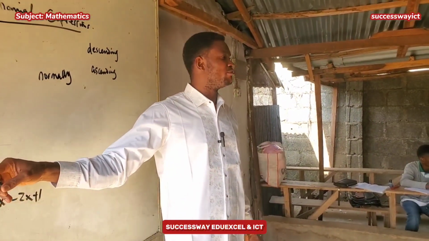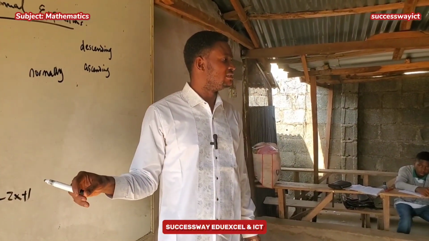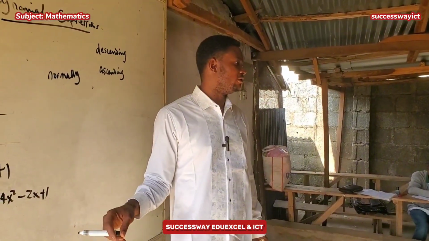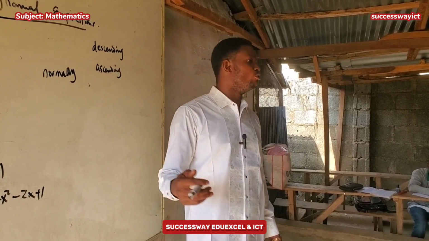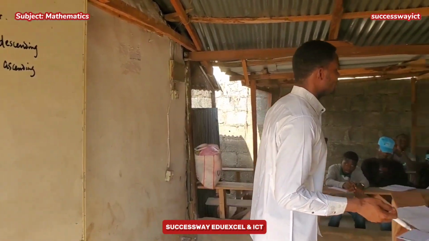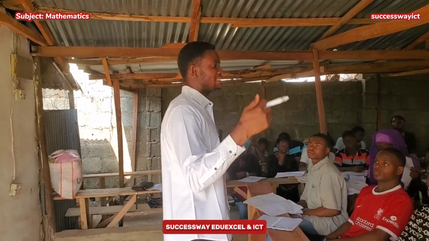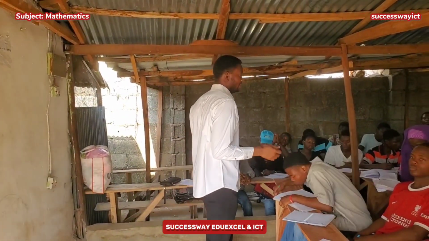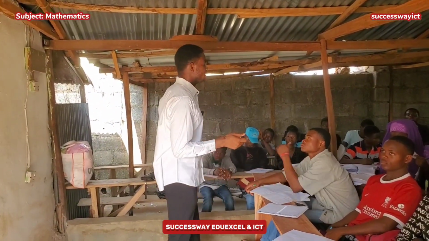Then you have a polynomial of degree 3, degree 4, up to nth degree. You can have up to 2 power 5, 2 power 10, 2 power 30, 2 power 1000, endless. So these are examples.